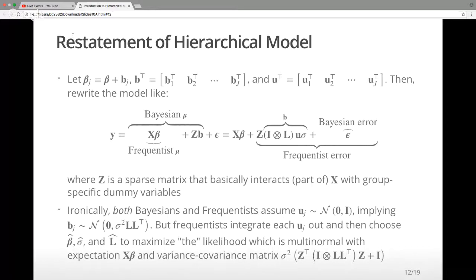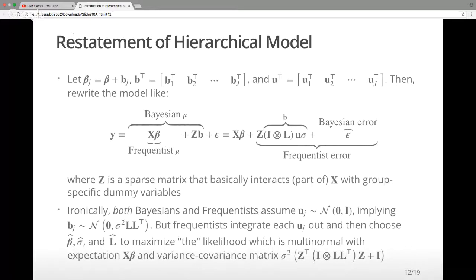So both Bayesians and frequentists are making the same assumptions about each of these U vectors, but frequentists are integrating the U's out of the likelihood, and then they choose the estimates of the real parameters, beta, sigma, and L, to maximize their likelihood function, which is going to be multivariate normal of size n.